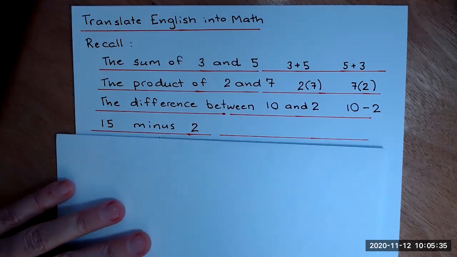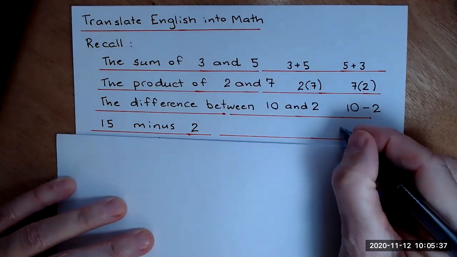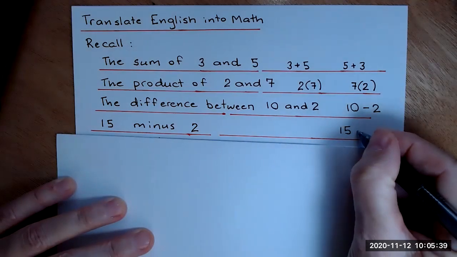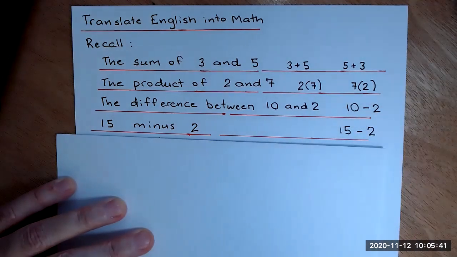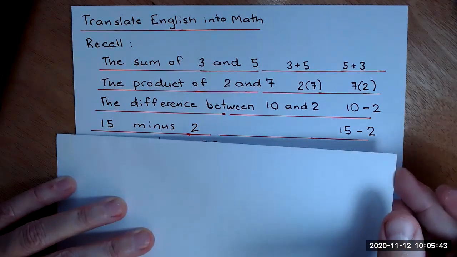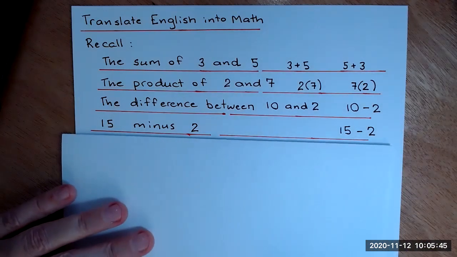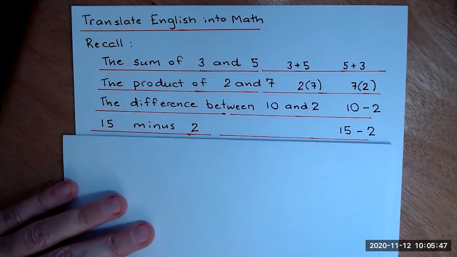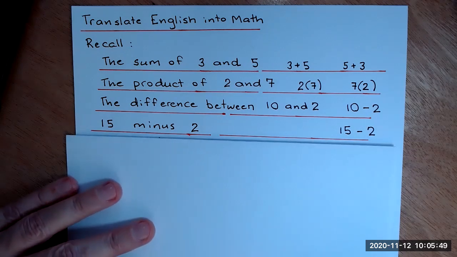All right, 15 minus 2 is just like it sounds, 15 minus 2. So in math, when something is intuitive, it's the way you would expect.